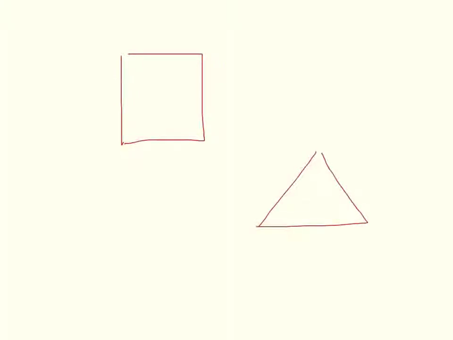Lines of symmetry. When we do a line of symmetry, we did this one last week, we're finding a line that would cut an object in half so that it folds exactly over from one side to the other, and it's even. Okay, so if I were to look at this triangle, this would not be a line of symmetry because when this part comes down, it would come down like that.